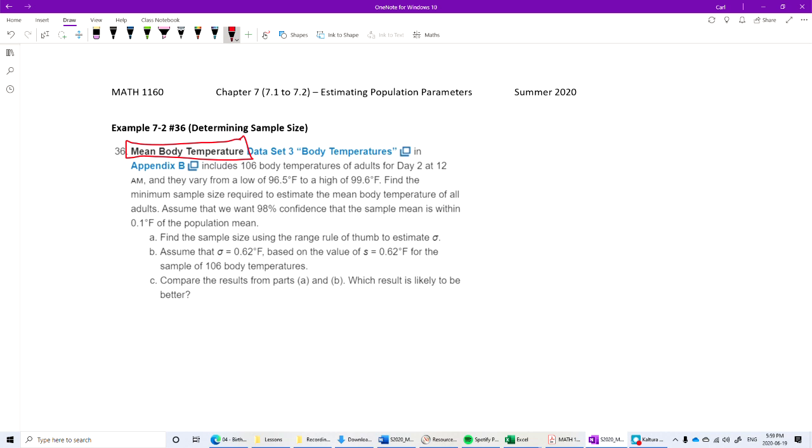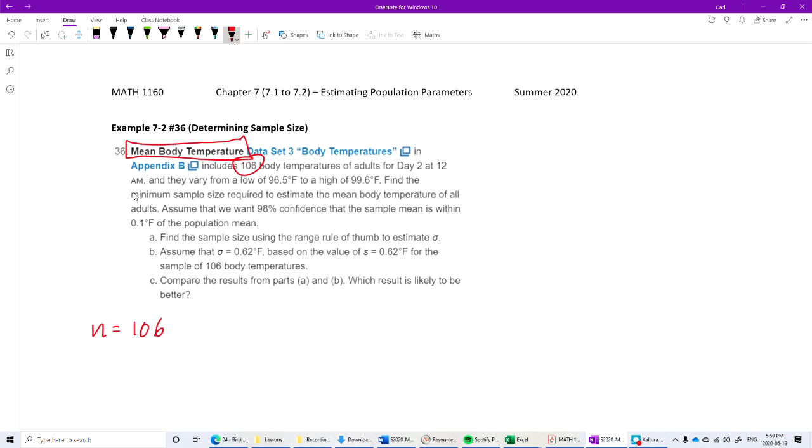But we don't need to pull up that data set because we're told enough here to do the question. It's body temperatures, and it includes 106 different measurements. So let's start by writing down the sample size is 106 body temperatures of adults for day 2 at 12 a.m.